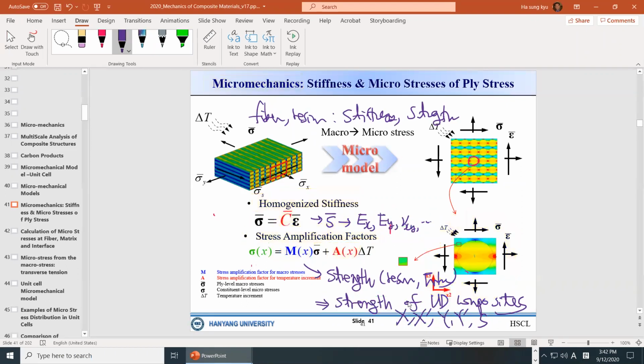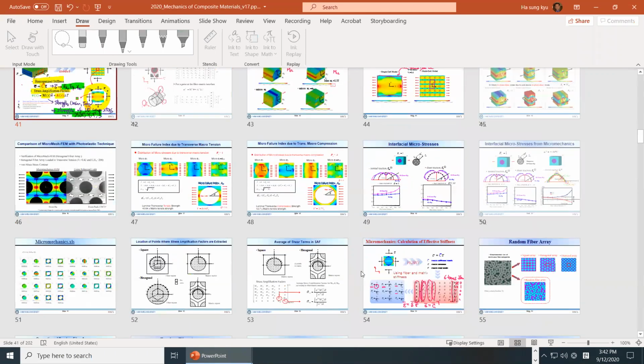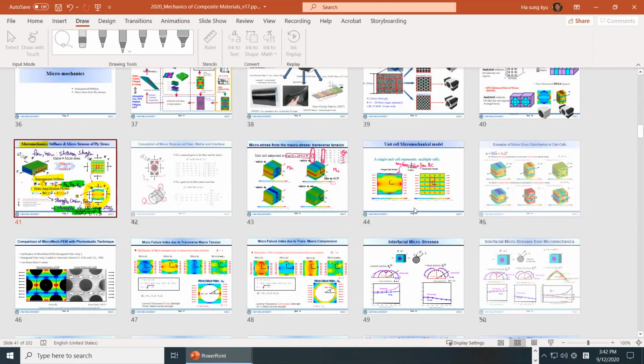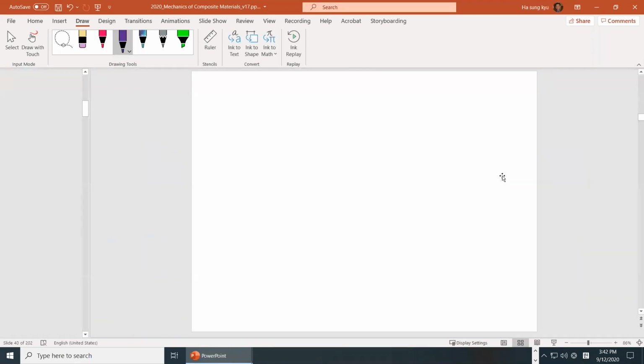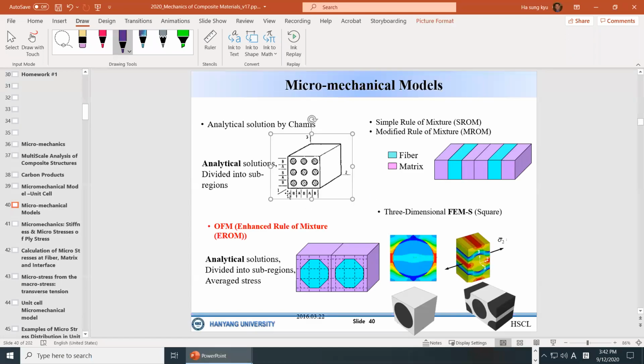Alternatively, we can use a very simple analytical equation, like here. We can use the very simple rule of mixtures, or a somewhat more sophisticated rule of mixtures, and so on.